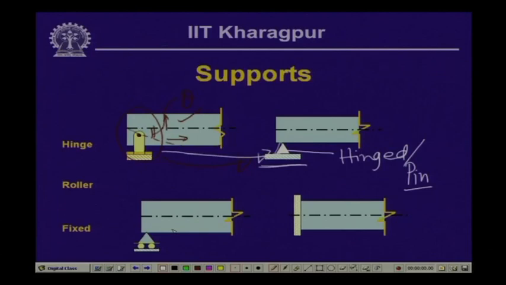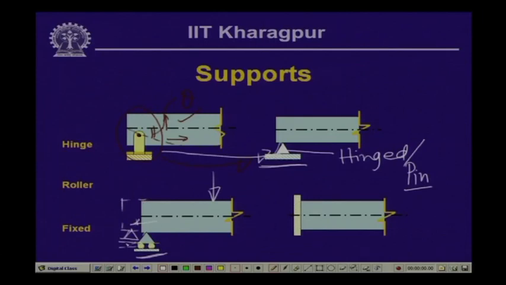Also, now if we have a support of this particular form, wherein it is resting on two rollers. Now, when this part of the segment will be loaded, this particular support can move. This can move in the horizontal direction.